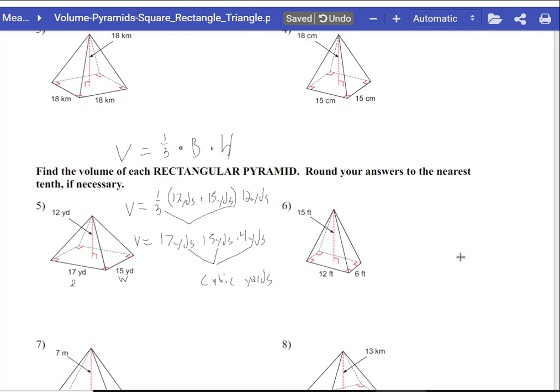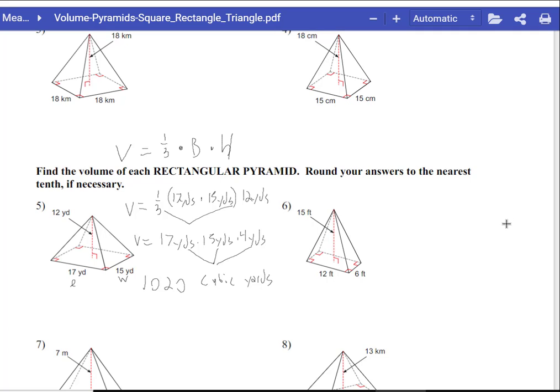And now, I'm going to tell you right now, Mr. Schultz can't do it in his head, and it's a waste of his time to not use a calculator. I'm going to put 17 times 15 times 4 into my calculator, and I get 1,020. Well, that's pretty nice. So there would fit inside here 1,020 cubic yards. All right, there we go.